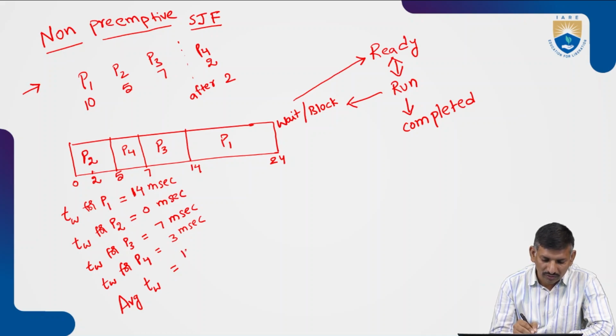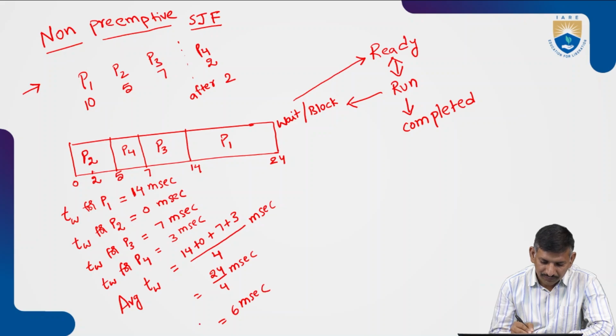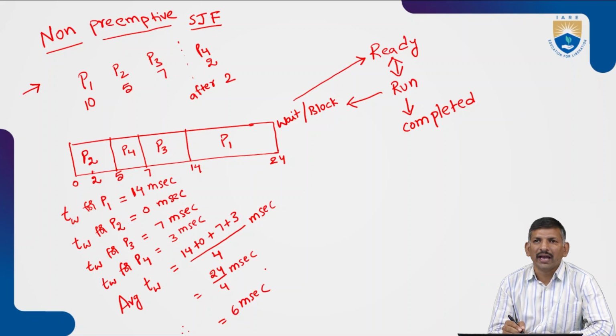That is 14 plus 0 plus 7 plus 3 milliseconds divided by 4, which is 24 by 4, so 6 milliseconds. The average waiting time for this requirement is 6 milliseconds.